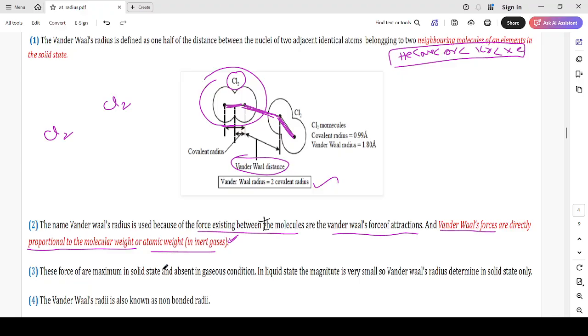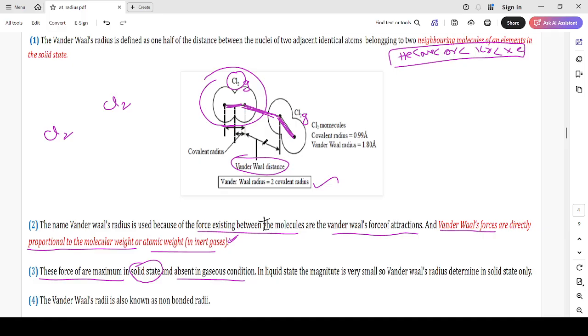So when do you expect them to be maximum here? When you are seeing it in a solid state, van der Waals forces are maximum. And in the gaseous condition, it is almost absent. Ma'am, you just mentioned you are talking about chlorine gas here. Then how do you say it is absent here? You cannot determine these van der Waals forces in the gaseous state.